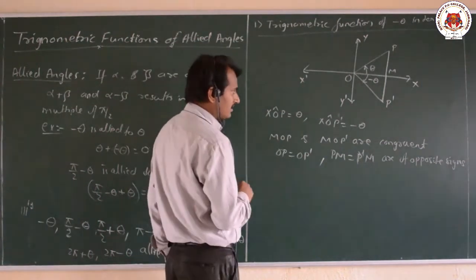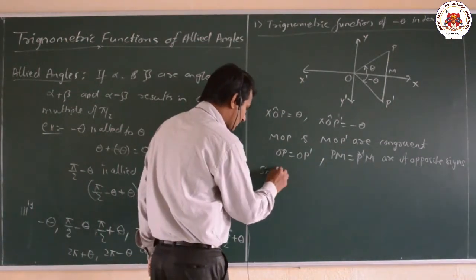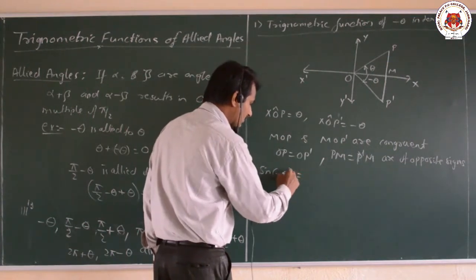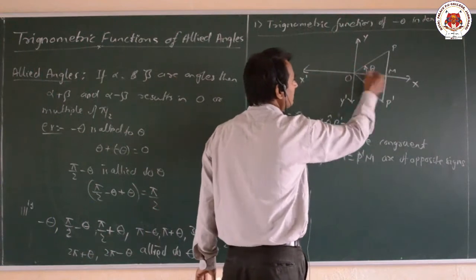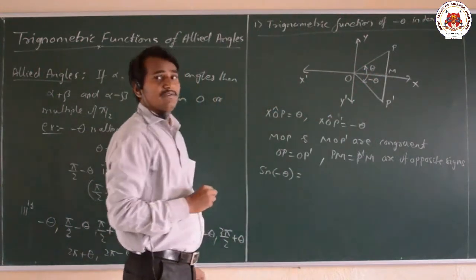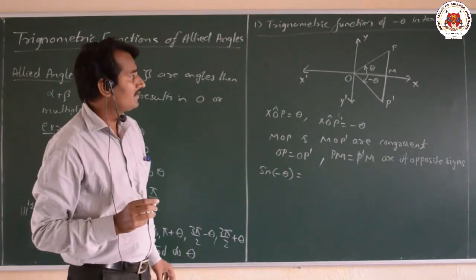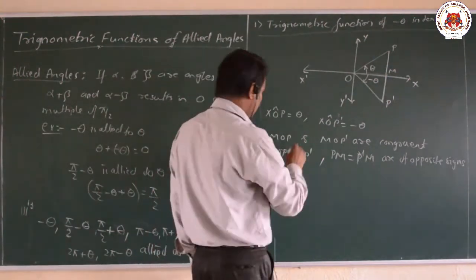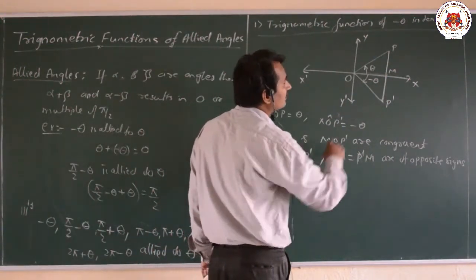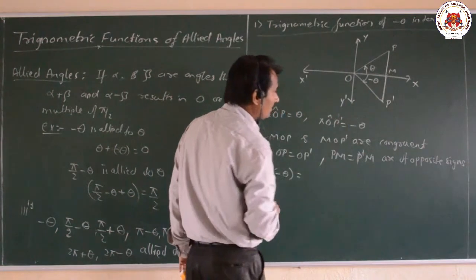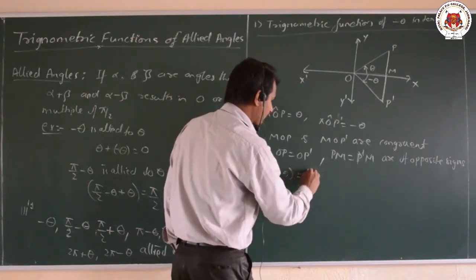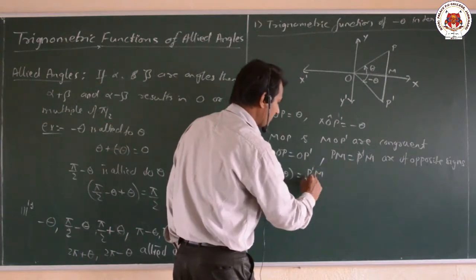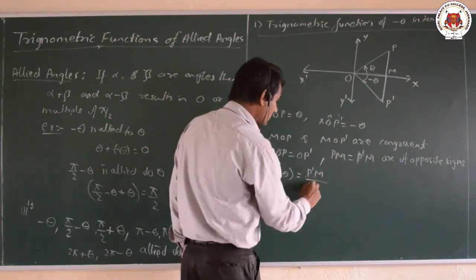Now let us discuss sine of minus theta. This is the triangle MOP dash. In this triangle, sine of minus theta is opposite by hypotenuse, that is P dash M divided by OP dash.